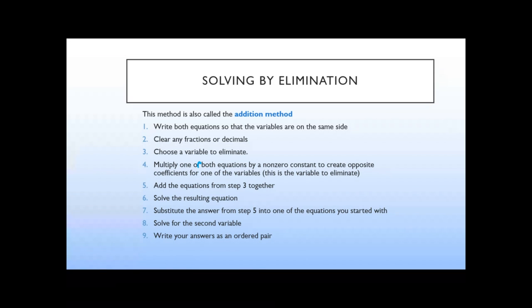Once you get that answer, then you plug it into one of the original equations to get the second answer. It seems complicated. It's really not so bad once you start practicing with it. There are situations where this method makes more sense to use than the substitution method. So I actually use both methods depending on what form the equations are given to me.